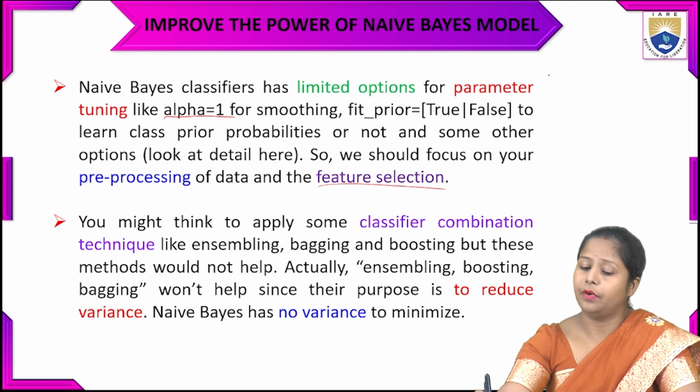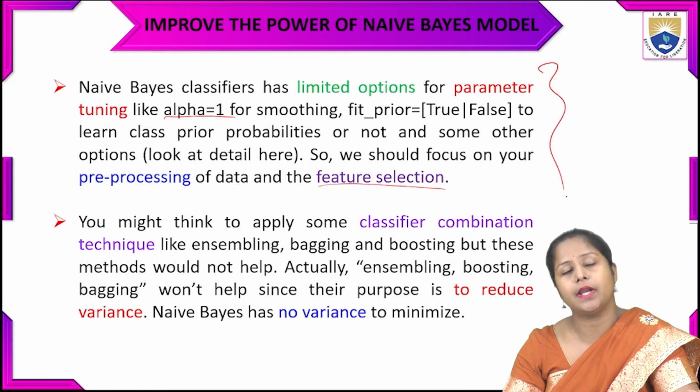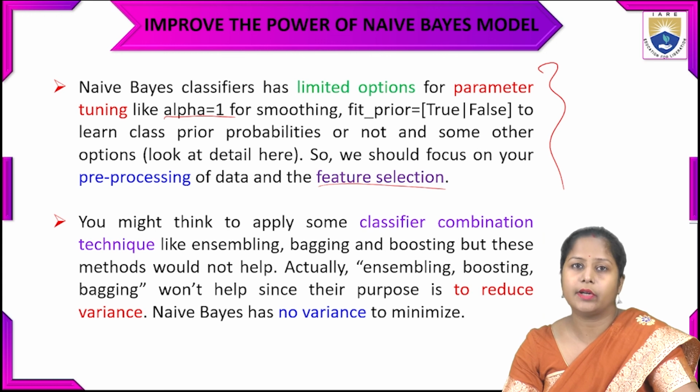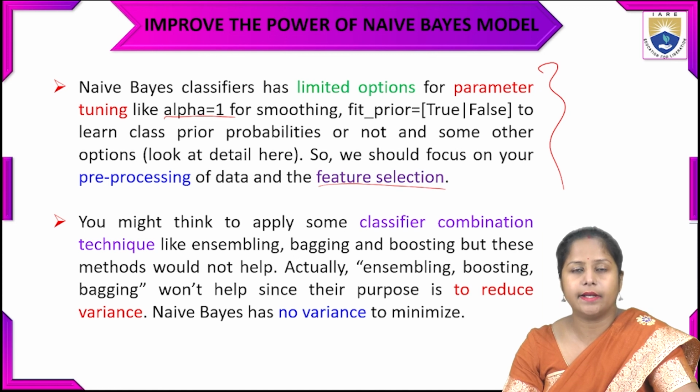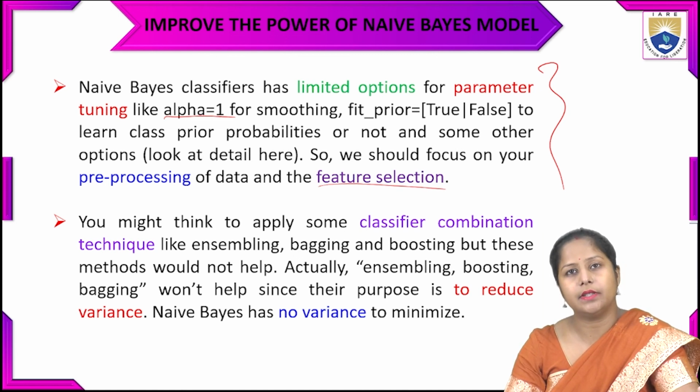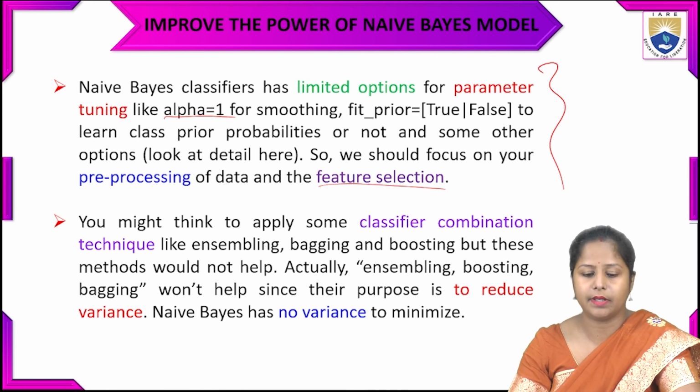So for these limited options, we don't go for the smoothing technique. We do the pre-processing, normalize the data, and select the features. Only then do we go for naive Bayes classification.